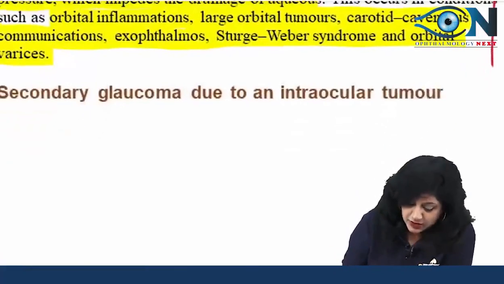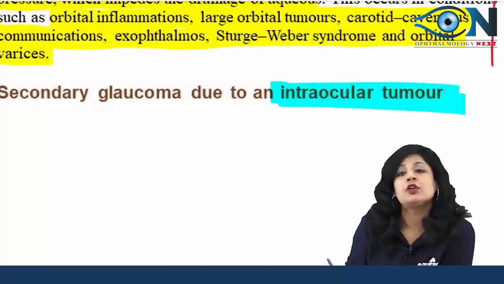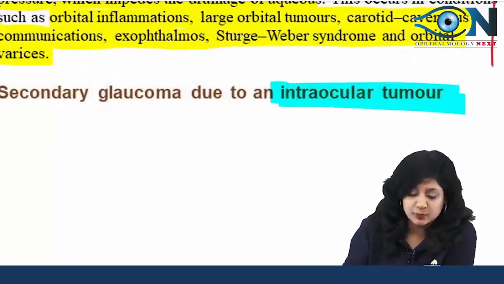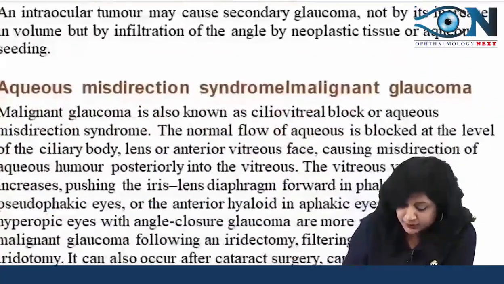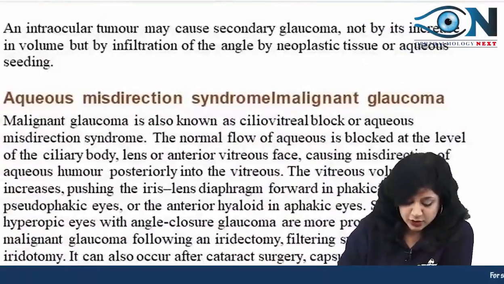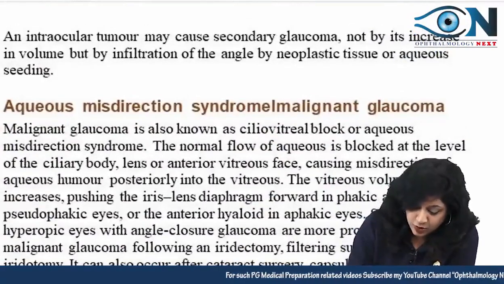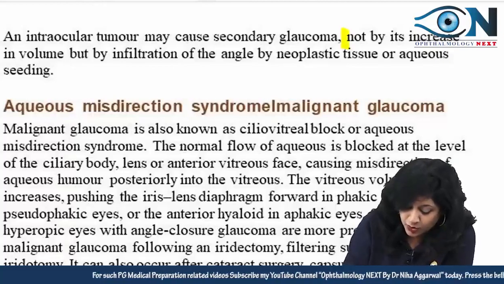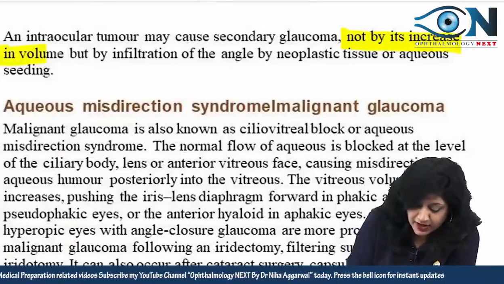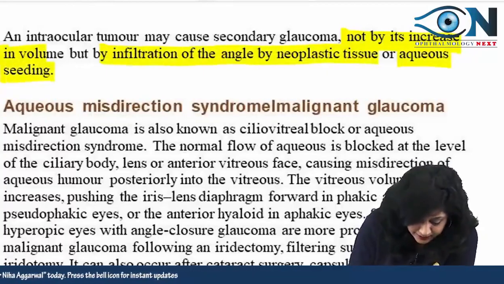Now, first of all, let us see how an intraocular tumor can also cause secondary glaucoma. Obviously tumor is important, and we should know how a tumor can cause an increase in intraocular pressure. An intraocular tumor can cause secondary glaucoma not by its volume, but by infiltration of the angle by neoplastic tissue or by aqueous seeding.